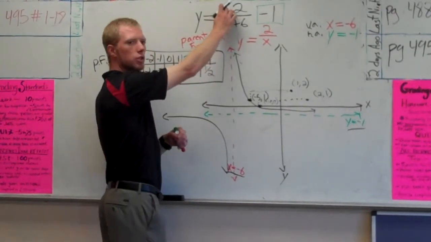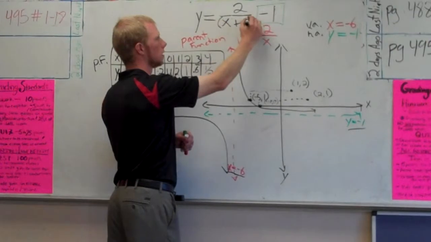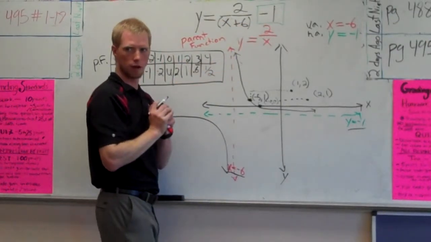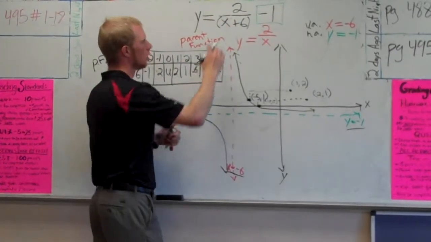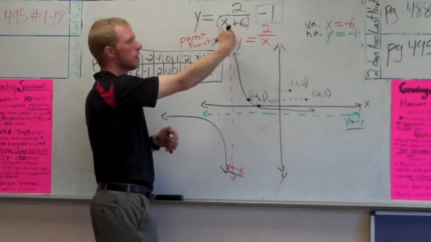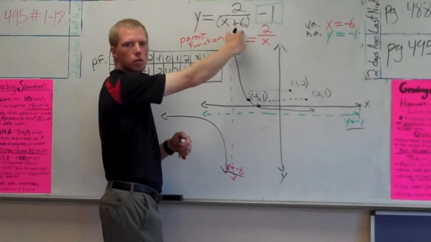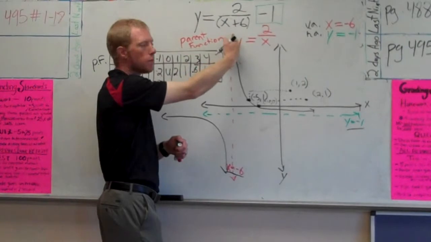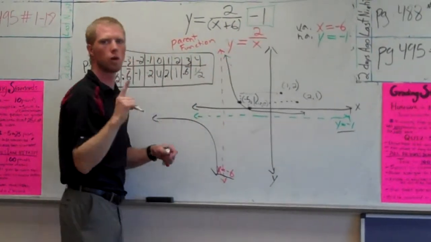What I want to do is 2 divided by x plus 6, so I put parentheses around there. If I put parentheses around this, it's going to do x plus 6 first, then it'll do 2 divided by that, and then it'll do minus 1.